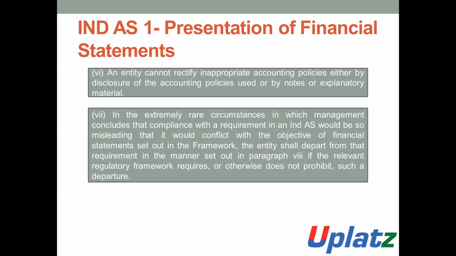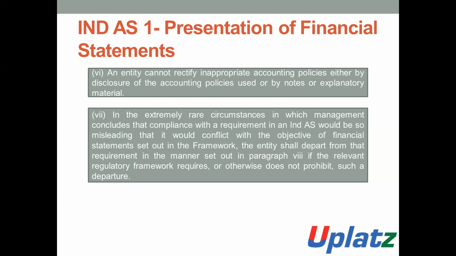An entity cannot rectify an inappropriate accounting policy either by disclosure of the accounting policy which is used or by the note or by the explanatory material. That is, an entity cannot rectify any inappropriate accounting policy only by way of disclosure of accounting policy or by way of note or by way of explanatory material.